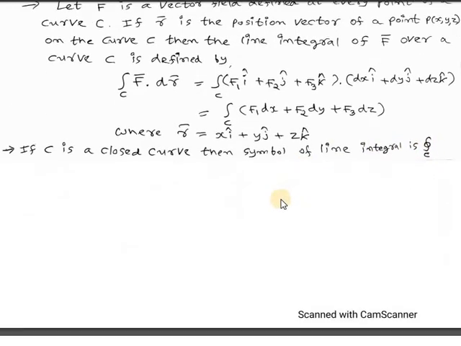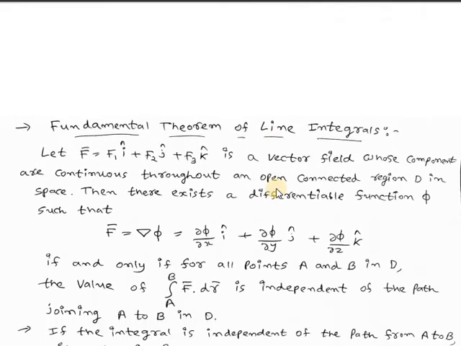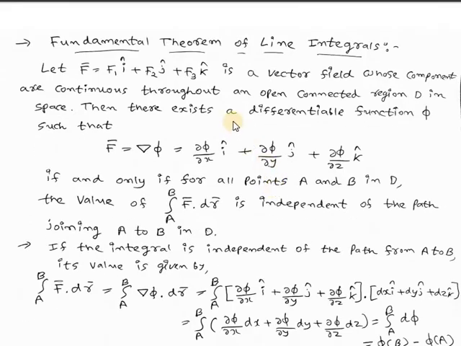Now let us study the fundamental theorem of line integrals. So what is the fundamental theorem of line integral? In that theorem, suppose f bar is any vector given by f1 i plus f2 j plus f3 k, whose components are continuous throughout an open connected region D in space.